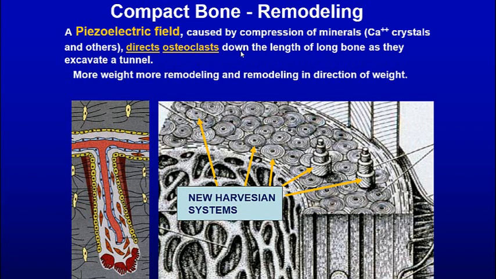And in doing so, it gives off electrical charge, and it's that electrical charge that directs the osteoclast to come down the length of the bone. That's why these Haversian systems run down the length of the bone and not to the right and left, because the weight is at the bottom of the bone, or wherever the weight bearing is. That's the effect that it has.